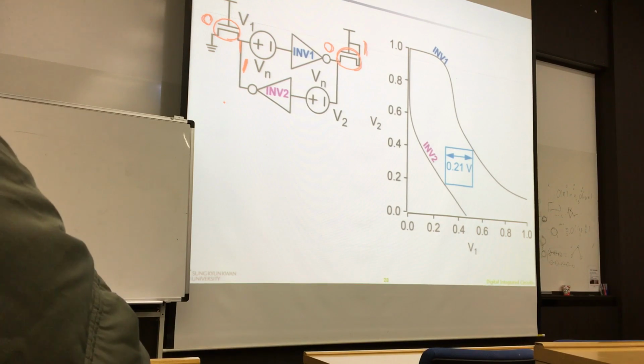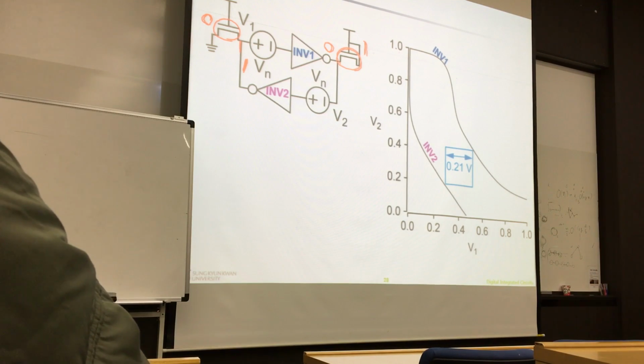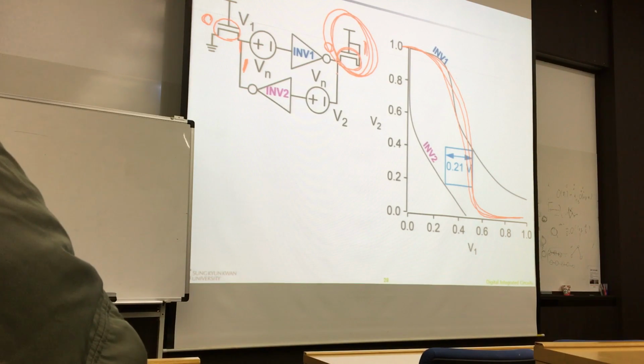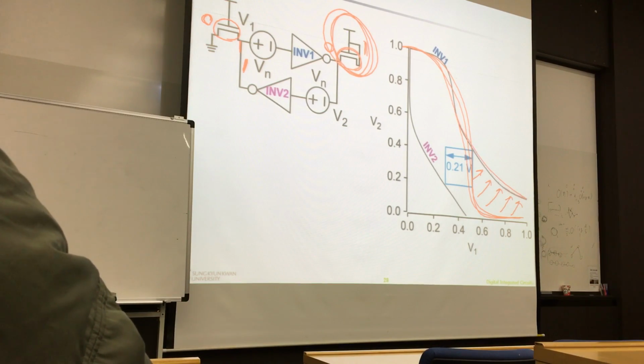So originally your inverter 1 VTC would look like something like this, right? However, again, we had this current injecting NMOS here. So from the read case, we know that this would look like this. This goes up. How about the other side, node V1? This inverter 2 originally had this.